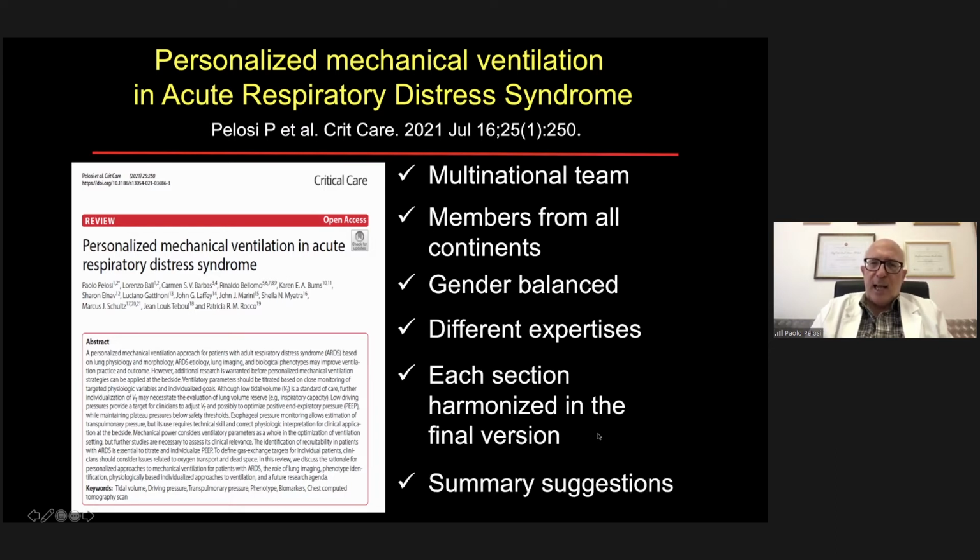At the end of each section there are some summary suggestions, so we hope that this might represent a guide at the worldwide level to optimize personalized mechanical ventilation in ARDS.